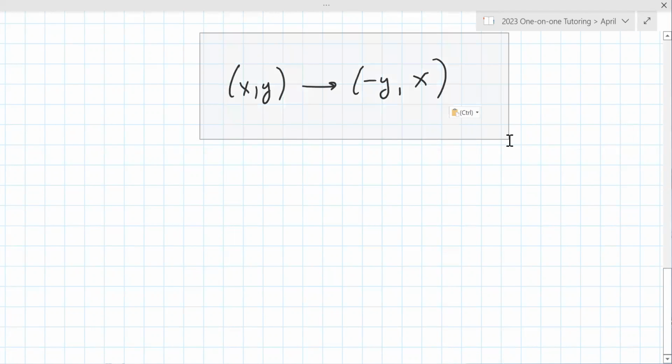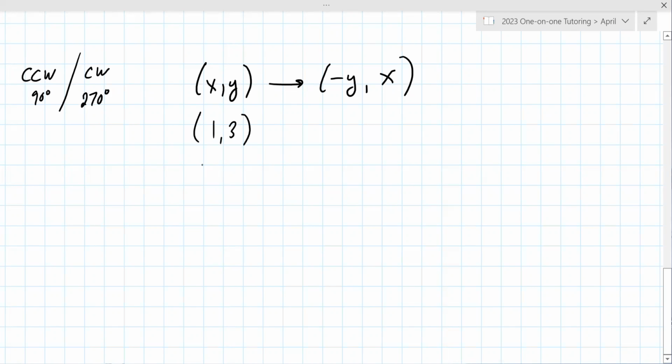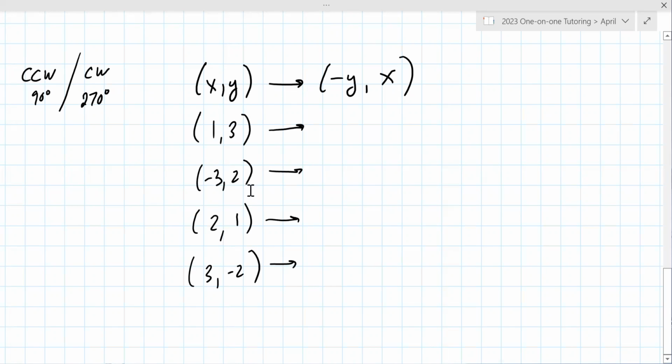Okay. So let me show you a better way to do this. Let's say we're doing this rule, the whole counterclockwise 90 degrees or clockwise 270. And I give you a bunch of ordered pairs like 1, 3, -3, 2, 2, 1, 3, -2. When you do these conversions, you want to do the same thing each time.